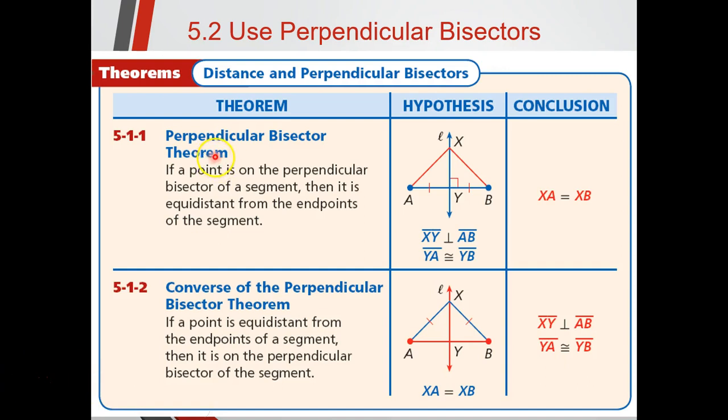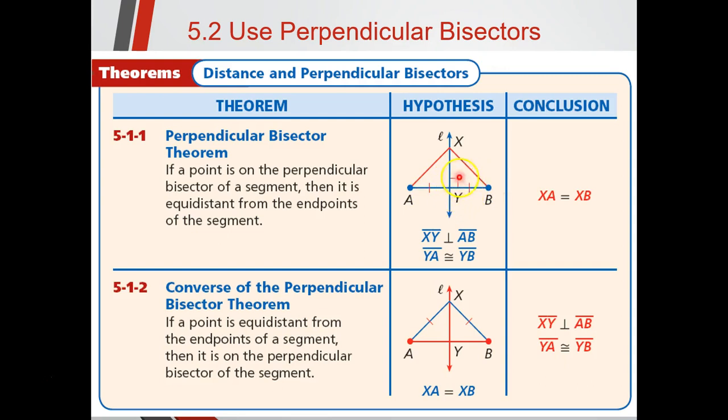Okay, so here's what I was referring to whenever I told you that I was going to show you an image of something that is a perpendicular bisector. So we have segment AB right here, and this line going through AB is the perpendicular bisector of AB. And the reason I know that is because AY and YB are being shown that they are congruent.